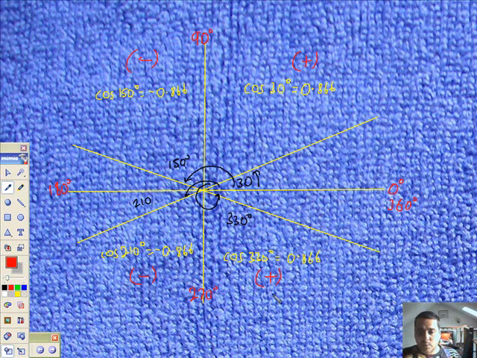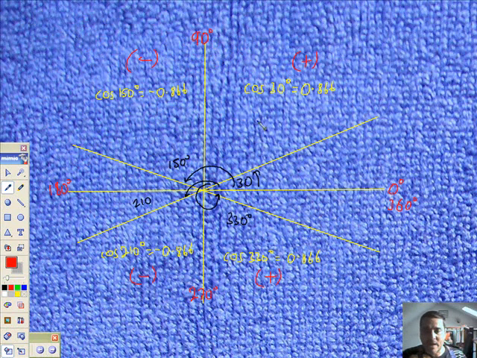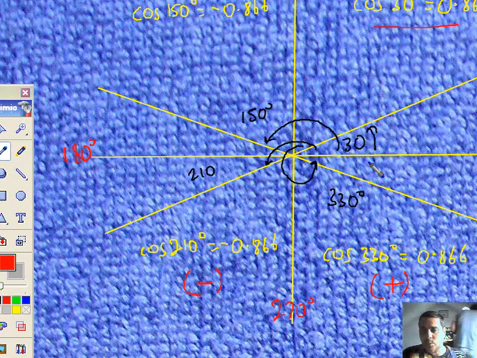And in the fourth quadrant from 270 to 360 they're also positive. Now contrast that with the sine. The sine was positive in the first and second quadrant. There it is there with the 150s and the 30s. And here with cosine we have positive cosines in the first quadrant and the last quadrant, the fourth quadrant there.